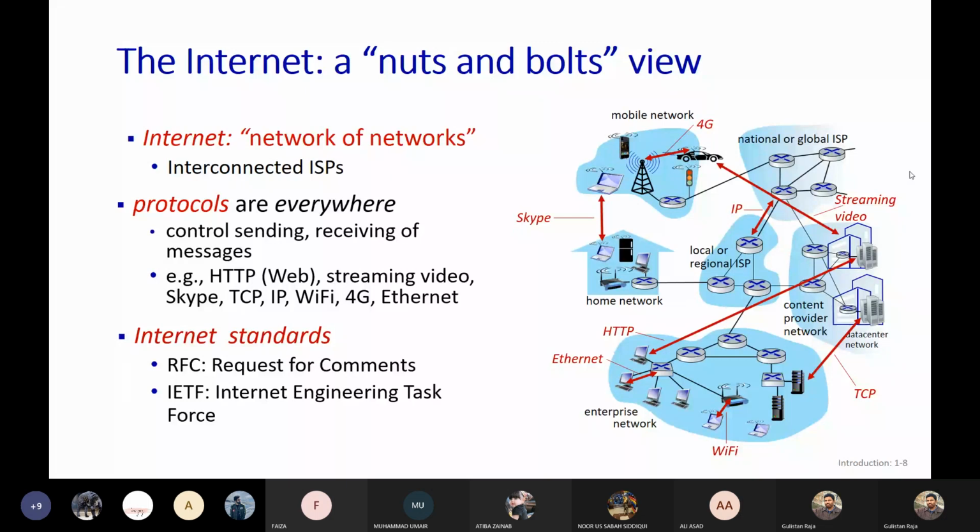There are various internet standard organizations. For instance, one of them is known as IETF, the Internet Engineering Task Force. This is an internet standards body. It looks at operational issues of the internet, and it devises methods for those operational issues.